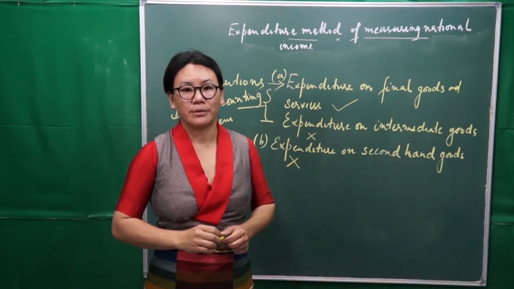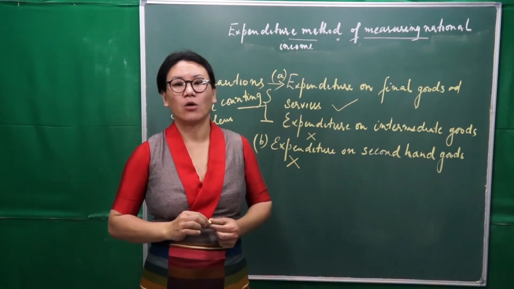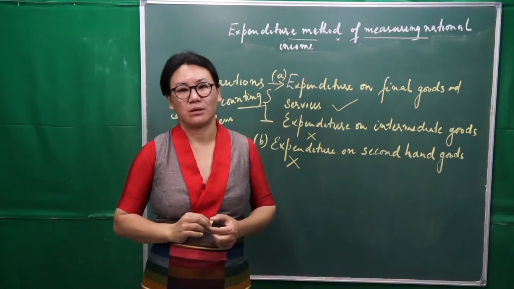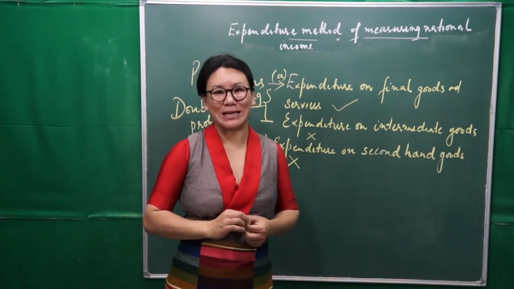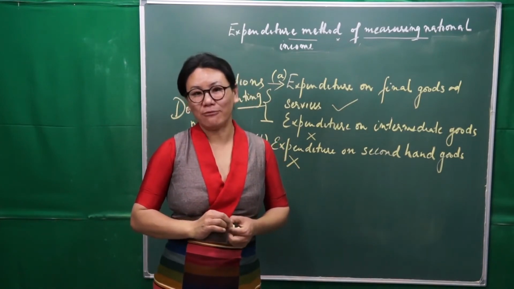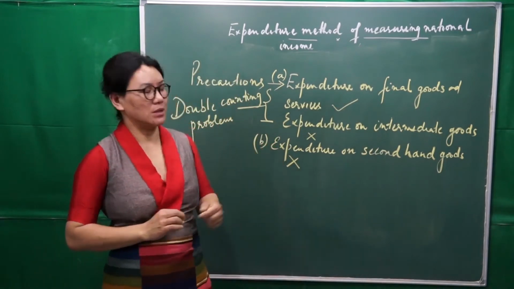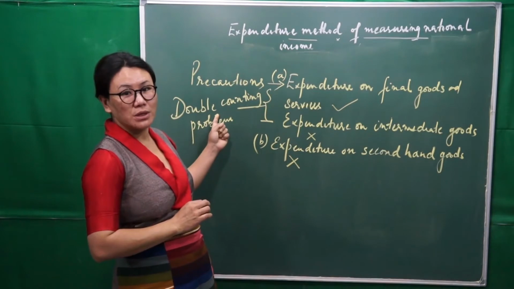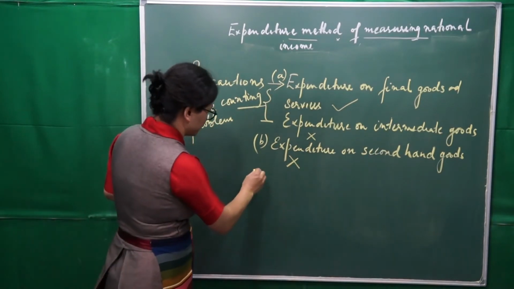Why? It is because such expenditure are already included when they were purchased originally. So again, if we are considering this in this method, it will lead to double counting.